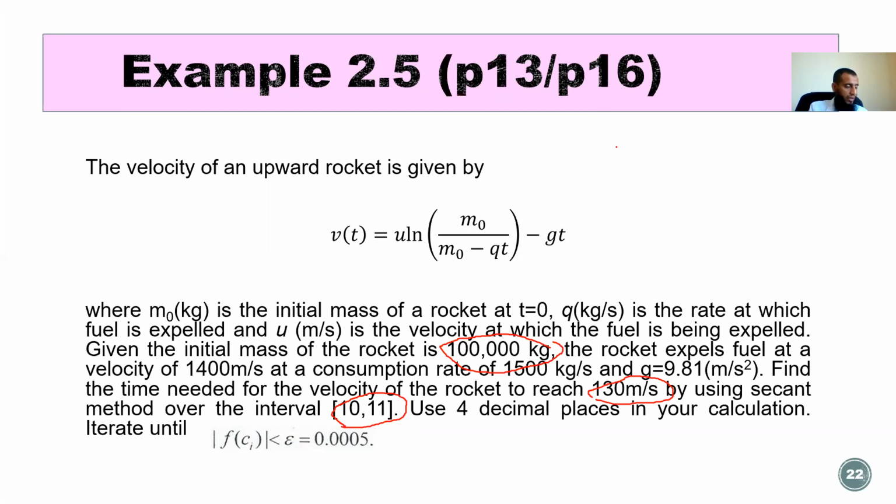So here, V is the Y. What was U again? I think U is constant also, 1400.